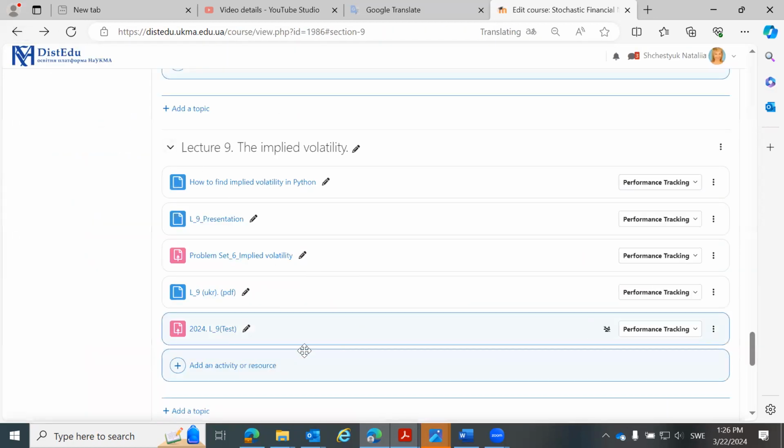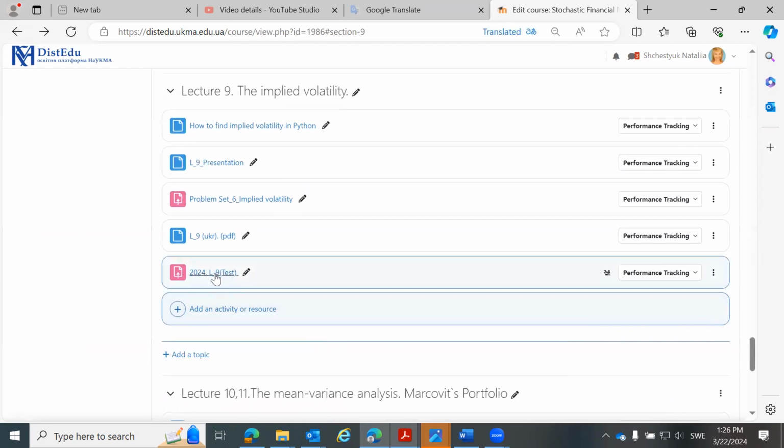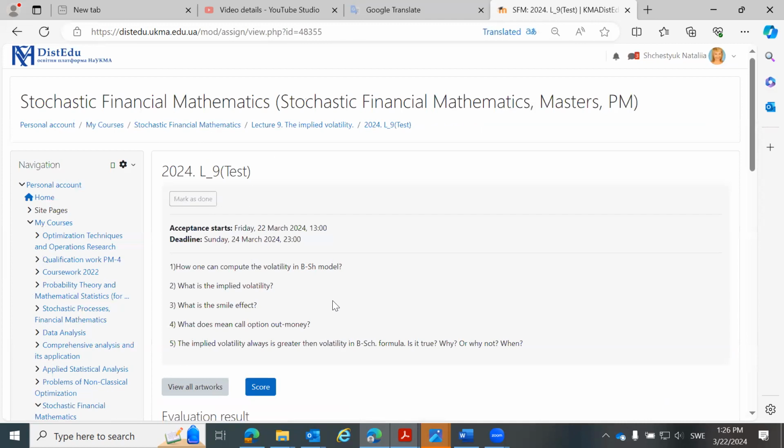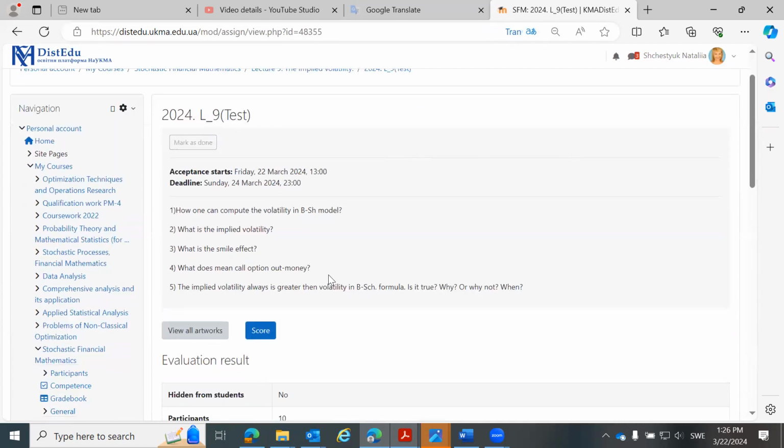Now you need to answer the test. And what is this test? The test today is very easy, only 5 questions. First, how we can compute the volatility in the Black-Scholes model. It means that we have the historical data, and how do we compute volatility? We need to find log returns.